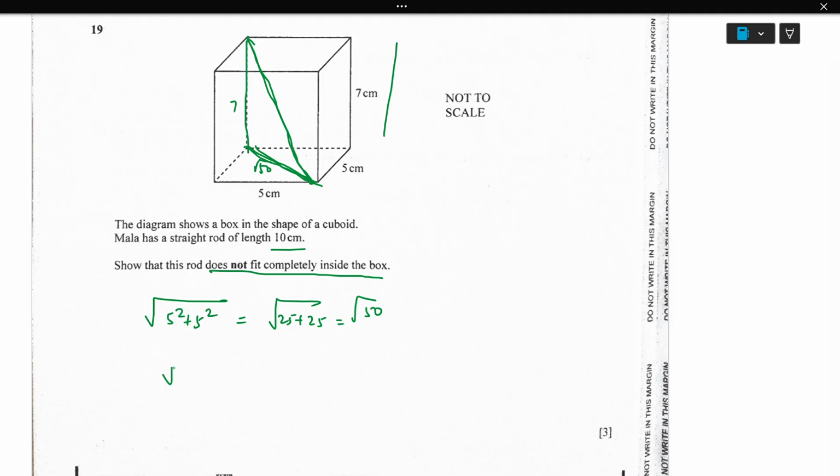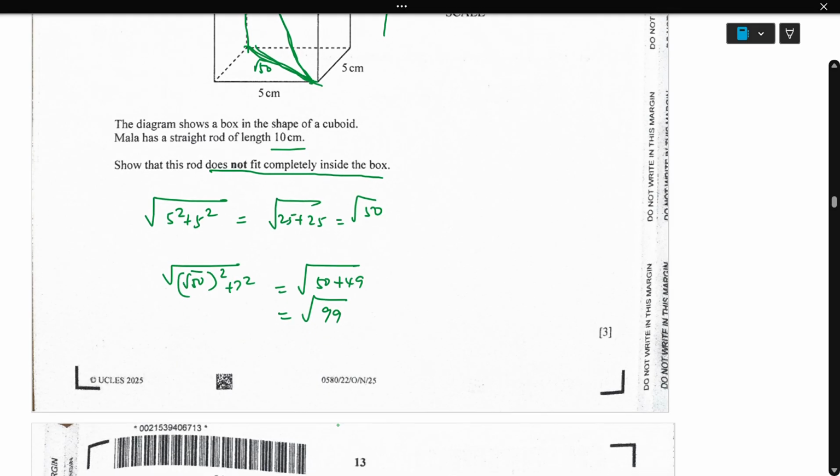So the diagonal is the square root of 50 squared plus 7 squared, which is equal to the square root, and the square root and the square are gone. So 50 plus 49 is the square root of 99. As we know, 9 squared is 81 and 10 squared is going to be 100.